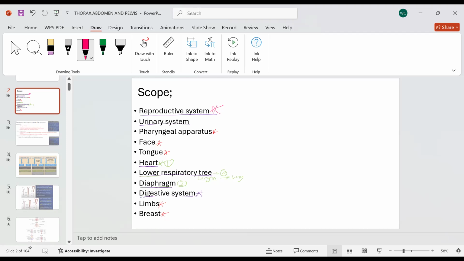Not external iliac, internal iliac. You burnt it just as you were about to finish. Okay, but good work.